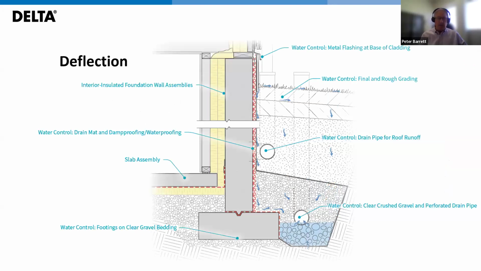Let's look at each of these important strategies separately. At the exterior of the damp proofing or waterproofing on the concrete, or exterior insulation if you happen to be putting that in, a robust drainage material should be installed to help shed and direct any intercepted water towards the perimeter drain system.